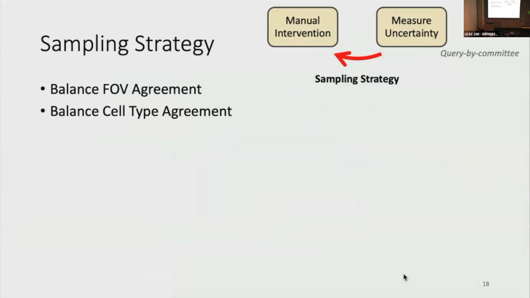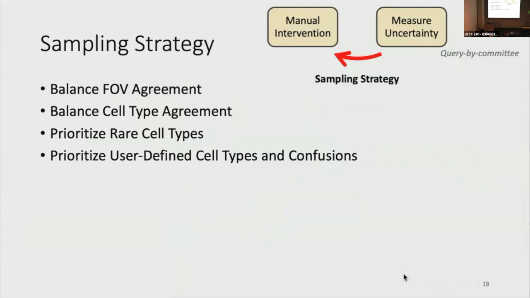Balance cell type agreement, so across different types of cells. Prioritize rare cells, which we are often missing and we're often getting low F1 scores for. And then the user can also input any cell type or confusion between cell types that might be interesting for them. So if you're doing a project that's asking a question about macrophages and you really want those to be super accurate, you can prioritize those for your labeling.